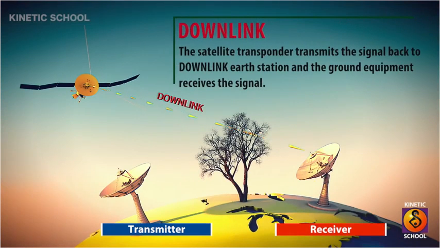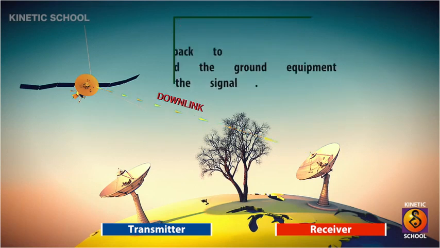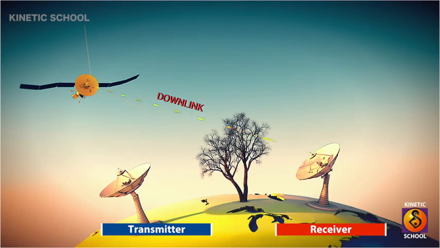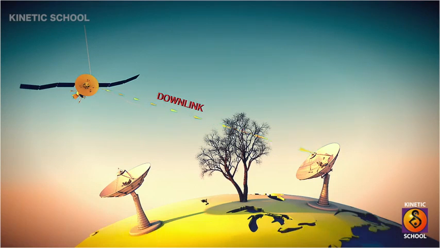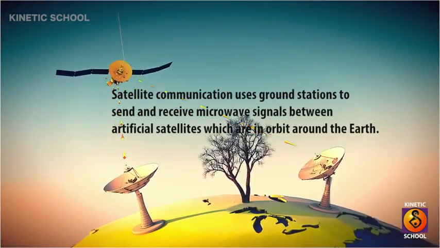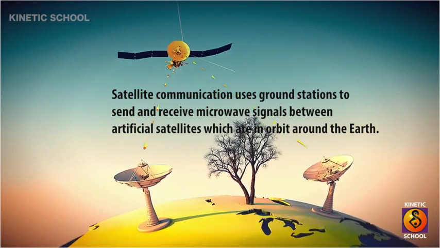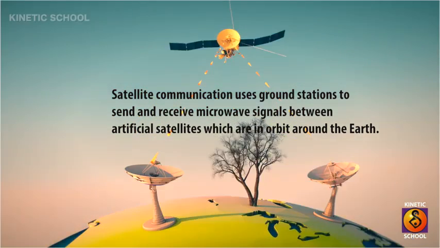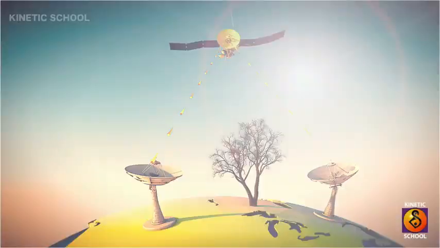The satellite transponder transmits the signal back to the downlink earth station, and the ground equipment receives the signal. Satellite communication uses ground stations to send and receive microwave signals between artificial satellites, which are in orbit around the Earth.